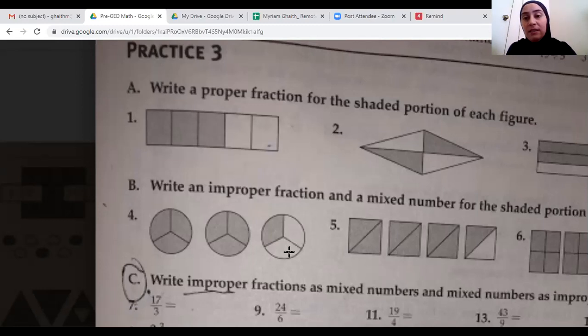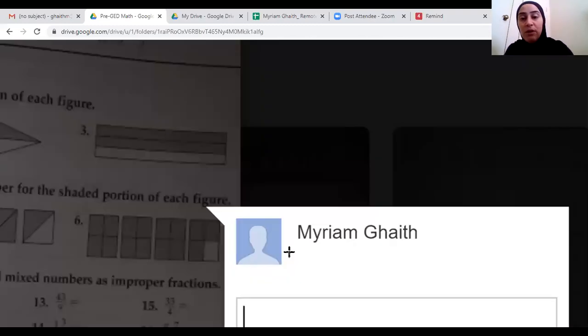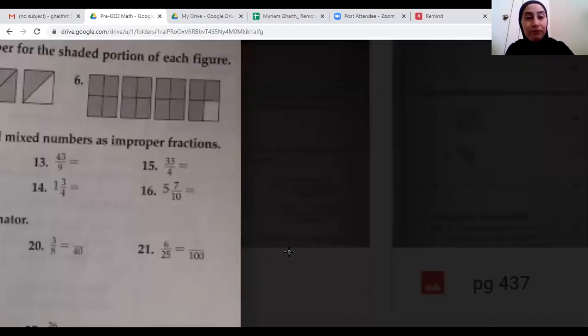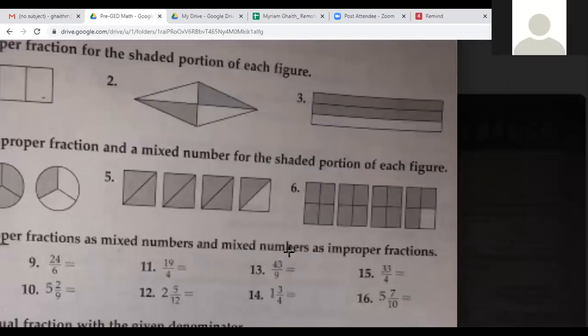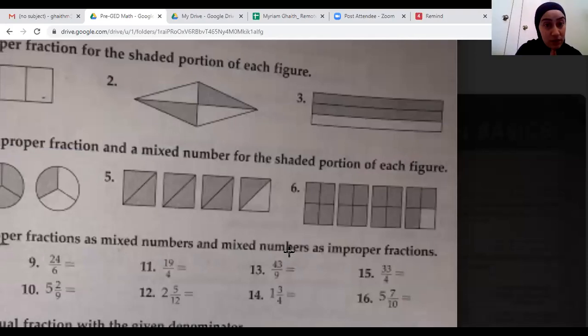We got number 1. Let's keep going. Number 2. Mona, what do you think for number 2? 2/4. Very good. Now, 2/4, can I reduce that? Meaning I can make that fraction smaller.